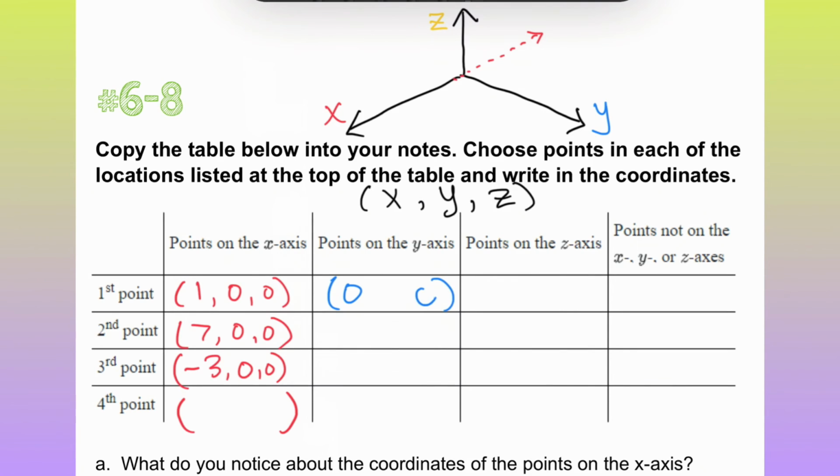Now for y, that means I haven't moved on the x, I haven't moved on the z, so those are both 0, and now I just am going to pick a number for y. And I'm going to pick another number, 10. And similarly, if I have a negative number for the y, and looking back up at the graph, my dotted blue line represents the negative y direction.